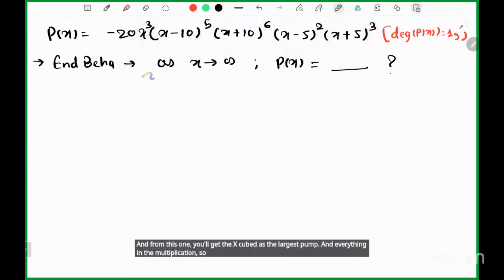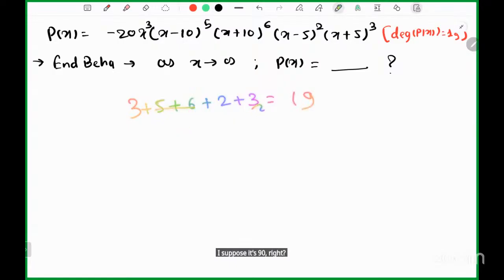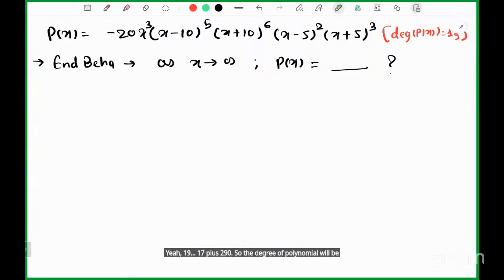So the degree of the polynomial will be 3 plus 5 plus 6 plus 2 plus 3, which is 19. So the degree of the polynomial will be 19.